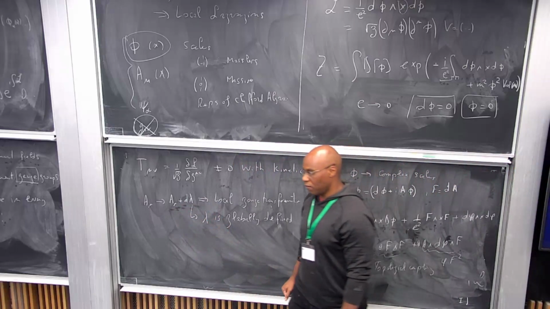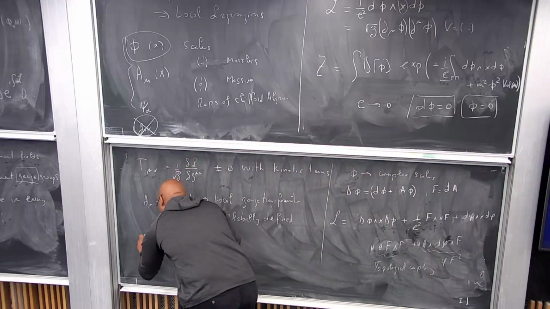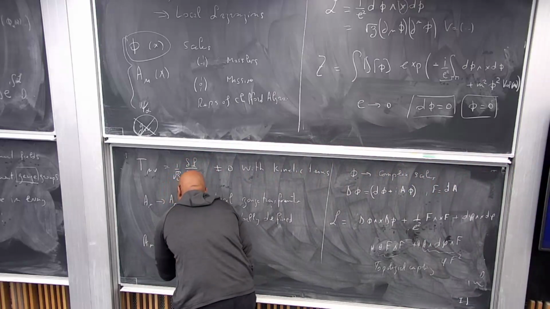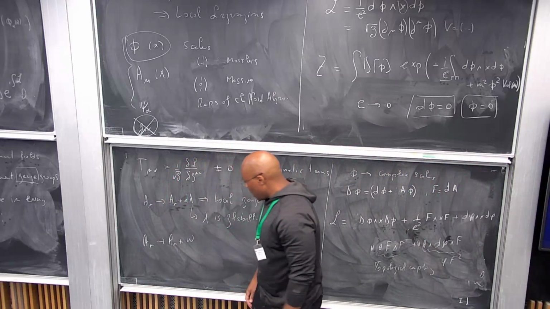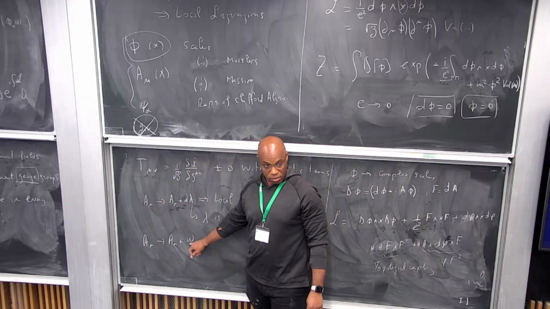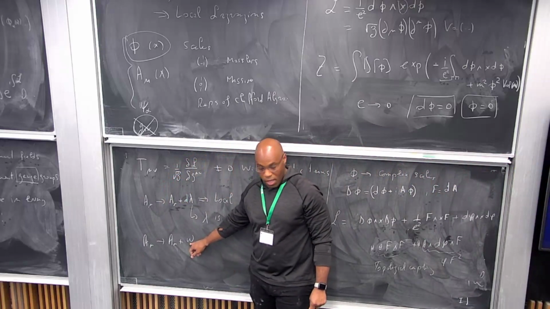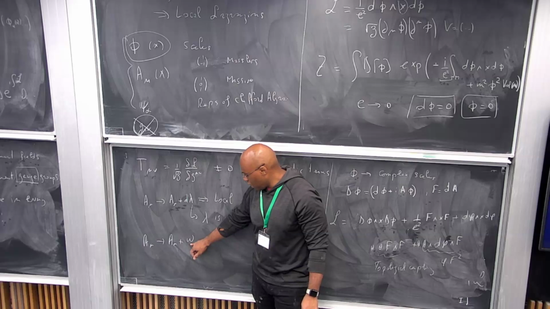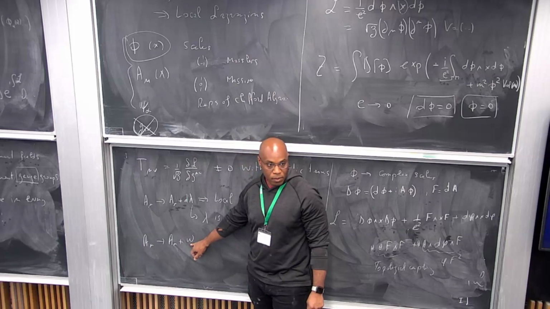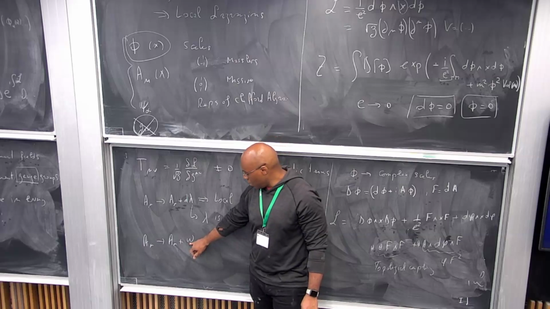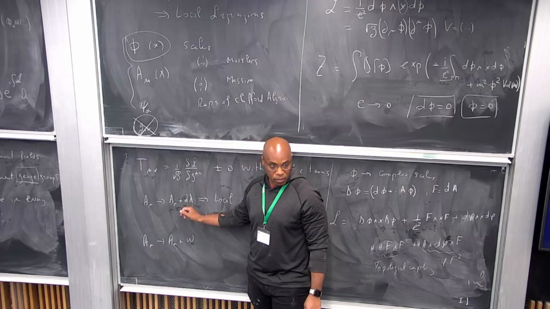If I have A_mu going to A_mu plus some omega, it matters where this omega sits. I can say that, for example, omega is always exact. Then that just corresponds to this gauge transformation. So this would be a case where we say that the gauge group is R.